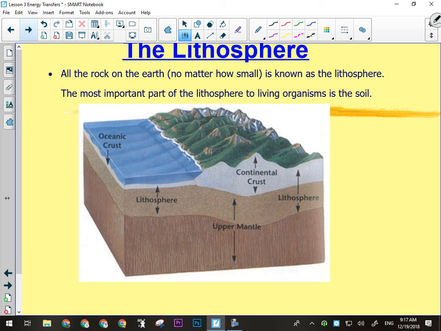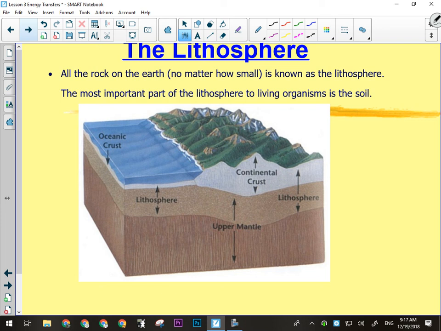The atmosphere absorbs some, but it doesn't do any conversion because there's no plants living there. But plants need soil, and soil is part of the lithosphere. So the lithosphere is really in control of how much energy gets converted and to a big extent how much of it gets absorbed, because this is where the albedo stuff comes into play.